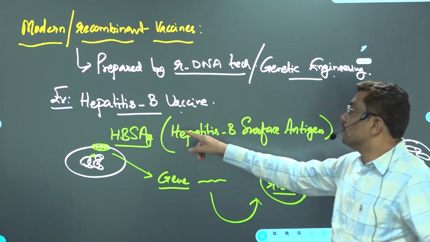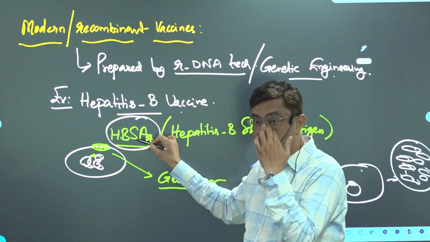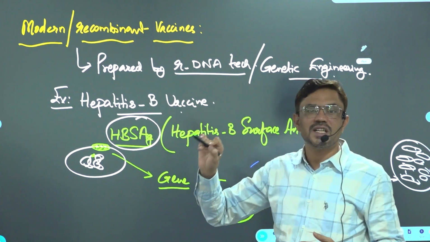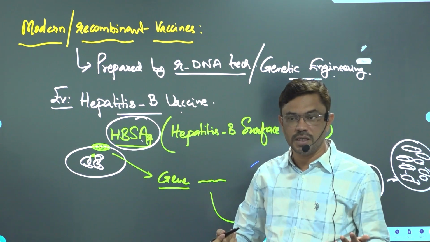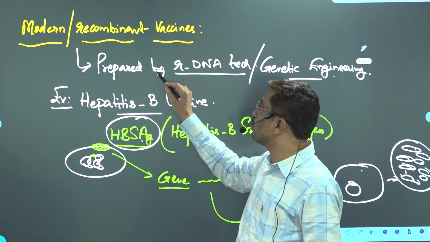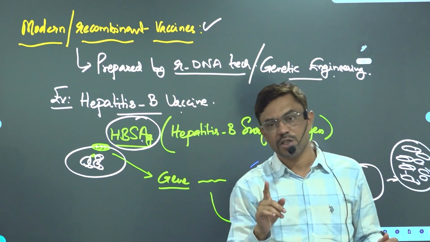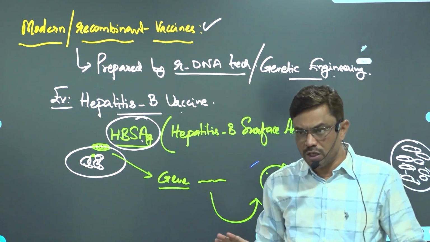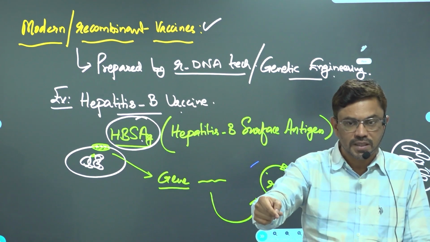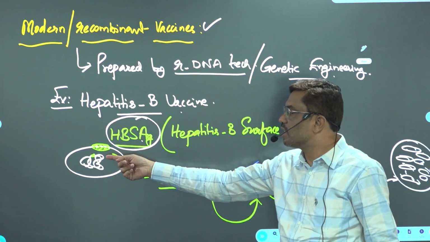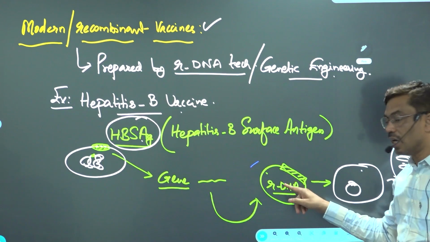So you understand, here we are not using the whole pathogen. We are using only the gene, and the protein which is responsible for the disease. This HBsAg protein is produced in large amounts. Is it clear? These types of vaccines are called modern vaccines or recombinant vaccines. A part of the DNA is extracted and inserted into the cloning vector, thereby constructing an rDNA.